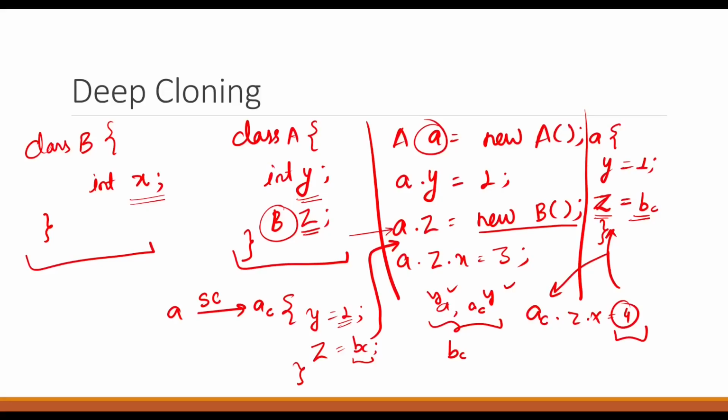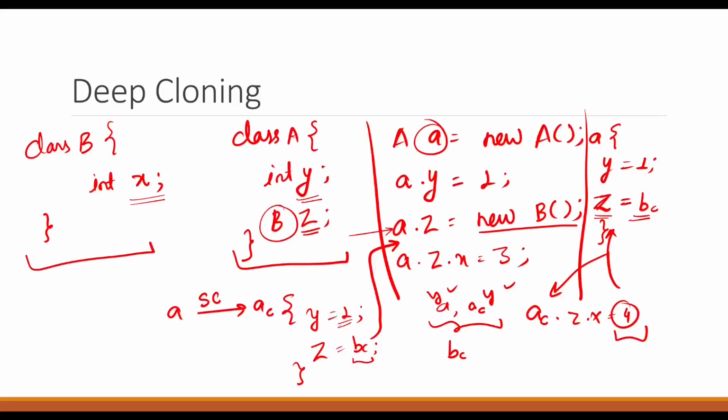So then we talk about deep cloning. Deep cloning is where we clone not only the parent object's primitive values, but if there are user defined objects which are part of the state of the parent object, then we also recursively clone those objects and create new objects out of them.